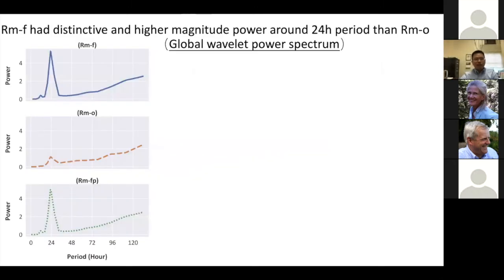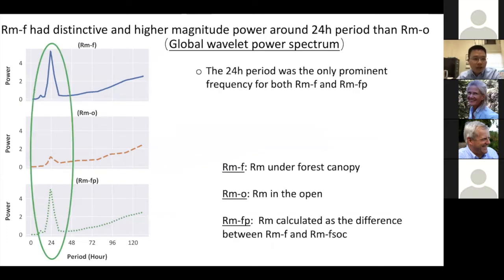And next, I used the global wavelet power spectrum to look for the carbon sources of the RM. So first, I found the 24-hour period was the only prominent frequency for both RM in the forest and the RM from the current photosynthate.